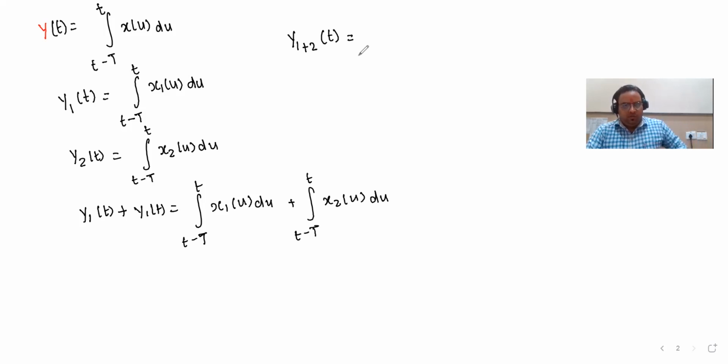That is essentially the output that is obtained when the combined input, x1 plus x2, is given to the same system here, varying from t minus T to t.